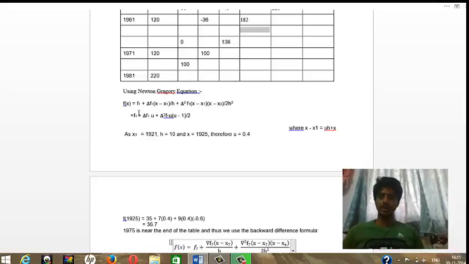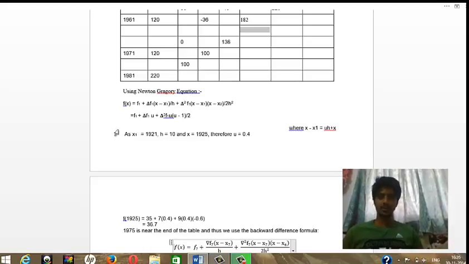Basically, f1 plus del f1 u, where u is (x minus x1) upon h, plus del square f1 u into (u minus 1) by 2, and so on, where x minus x1 is equal to uh.